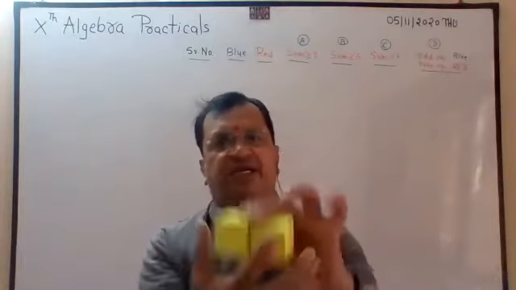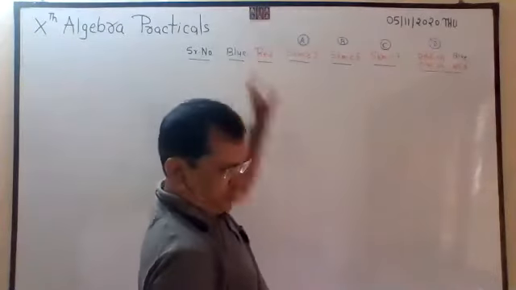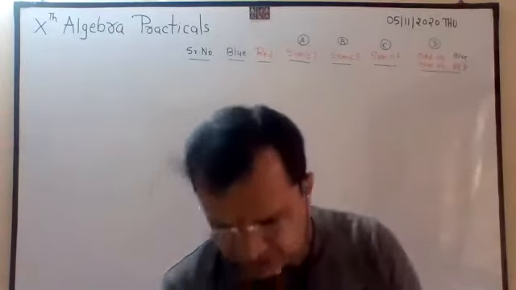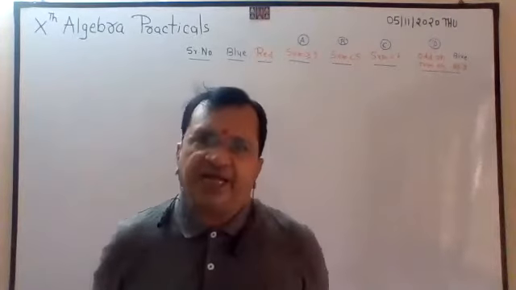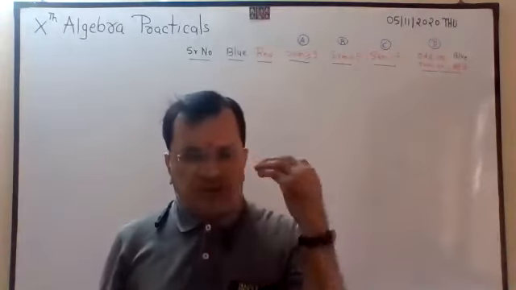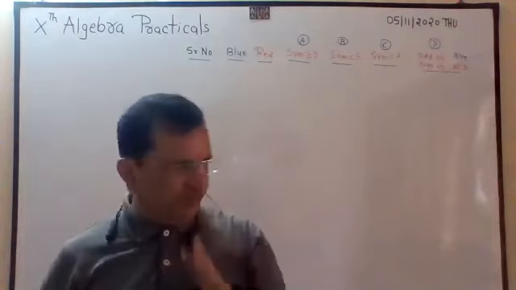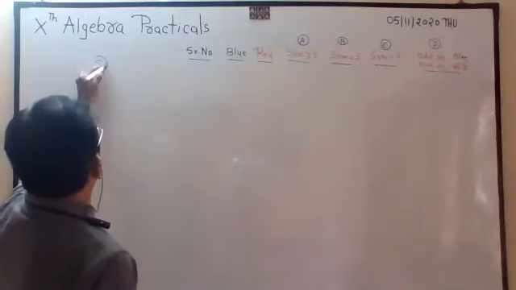Consider this as blue. Consider this as red. We know the 36 sample space, and as per that we will write. You will write this practical parallelly with me. But now wait. First I will write all the 36 sample space.